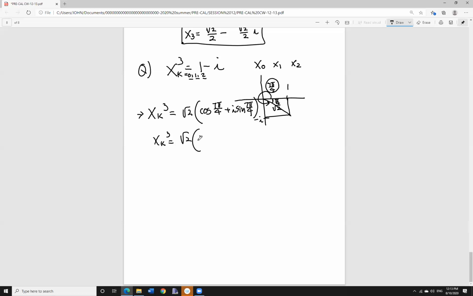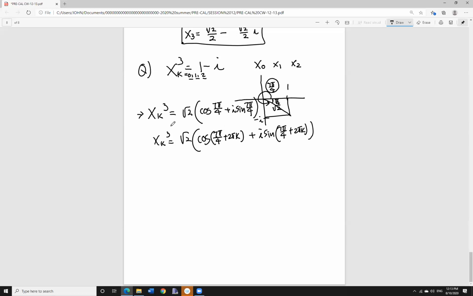What is the general angle? Cosine of 7 pi over 4 plus 2 pi k plus i sine of 7 pi over 4 plus 2 pi k. That's it. Now we're going to find the root.